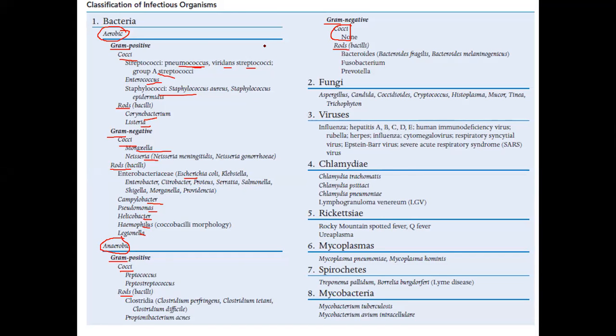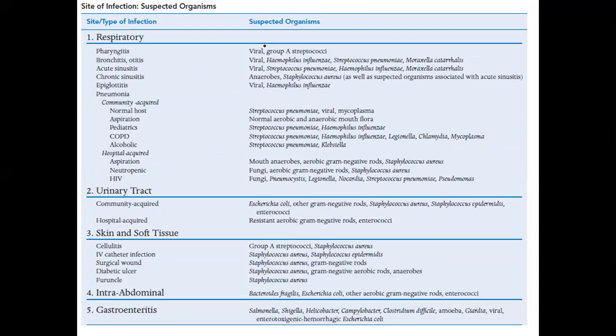Why is it important? Because what we are studying now, even though we have basic pharmacology, I would like it to bend more to the clinical pharmacology so that you will easily apply these drugs when managing particular conditions. But you need to know the organisms, and to know the common organisms for specific conditions.